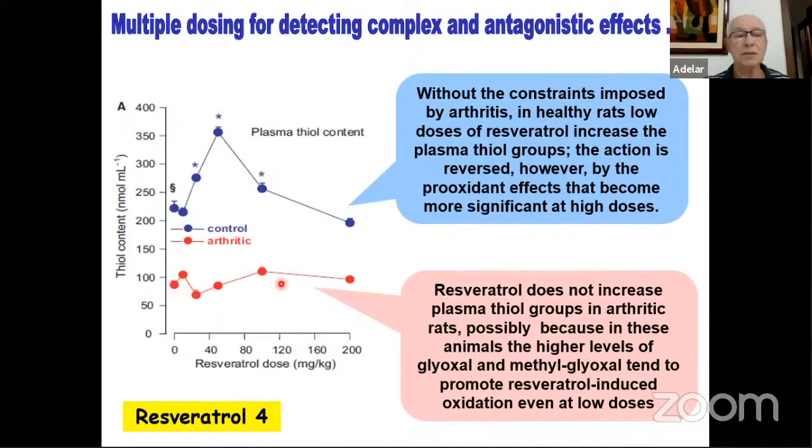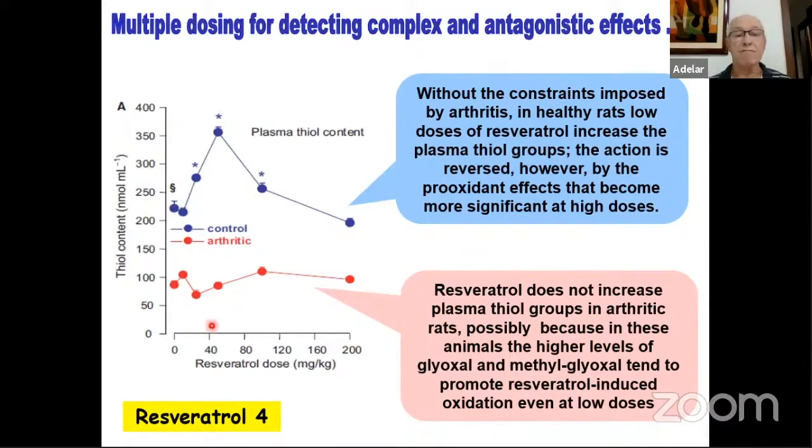As you can see, arthritic rats present low concentrations of plasma thiols. This is consistent with oxidative stress, and this is mainly due to the low levels of plasma albumin, as plasma albumin is the source of most reduced thiol groups.